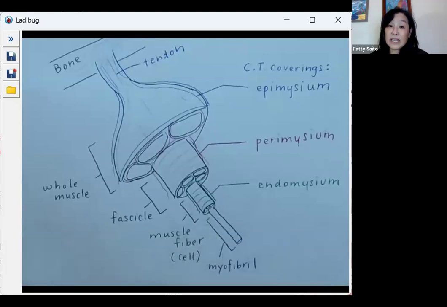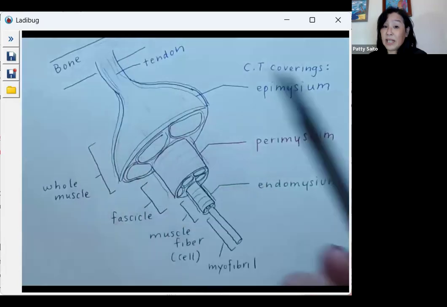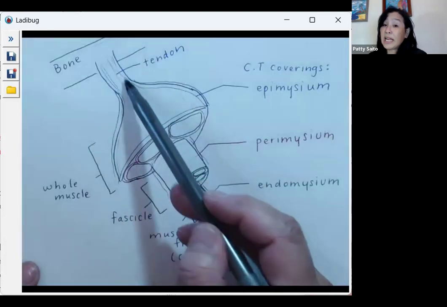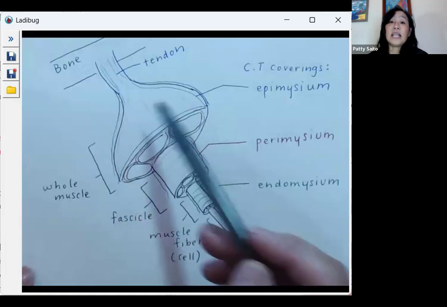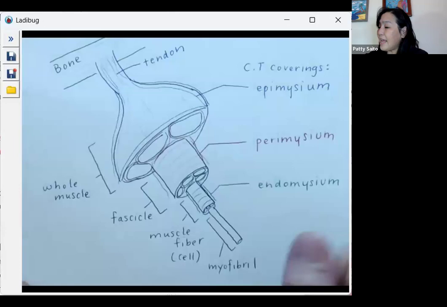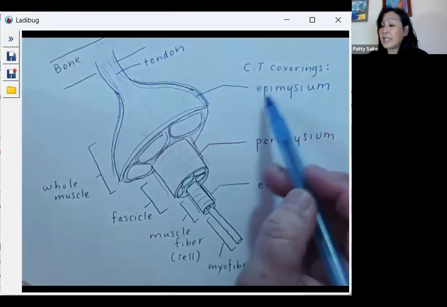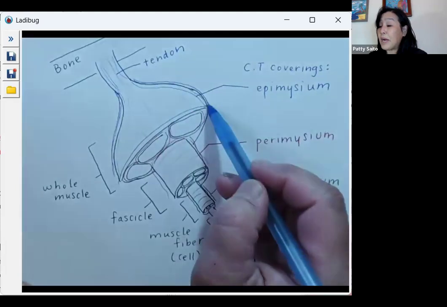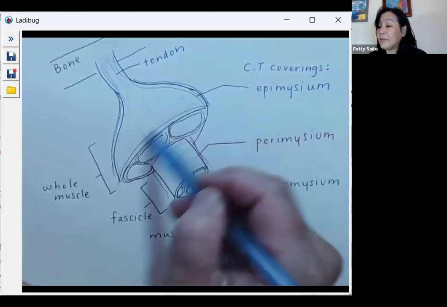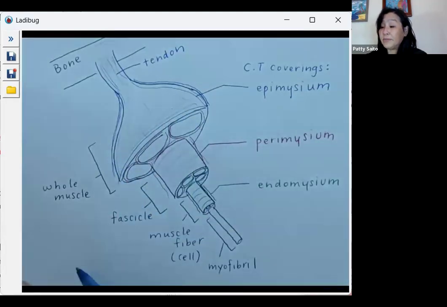All right, so I hope that's clear. We're talking about skeletal muscle. Skeletal muscles are attached to bones or the skeleton by way of connective tissue, a tendon, which is dense regular connective tissue. The tendon is continuous with the first of the connective tissue coverings, the epimysium. The epimysium surrounds the whole muscle.